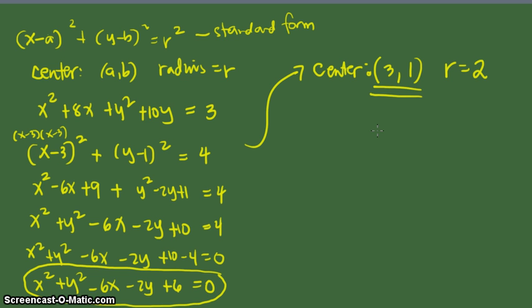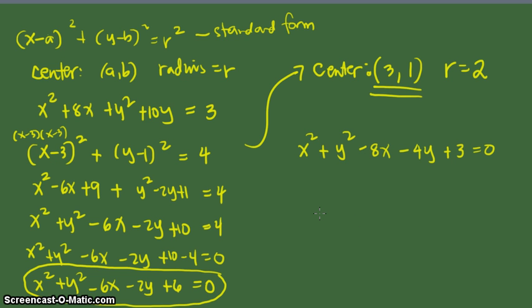Okay, I'll give you a hint. I'll make a random equation. Say x squared plus y squared, say minus 8x minus 4y plus 3 is equal to 0.